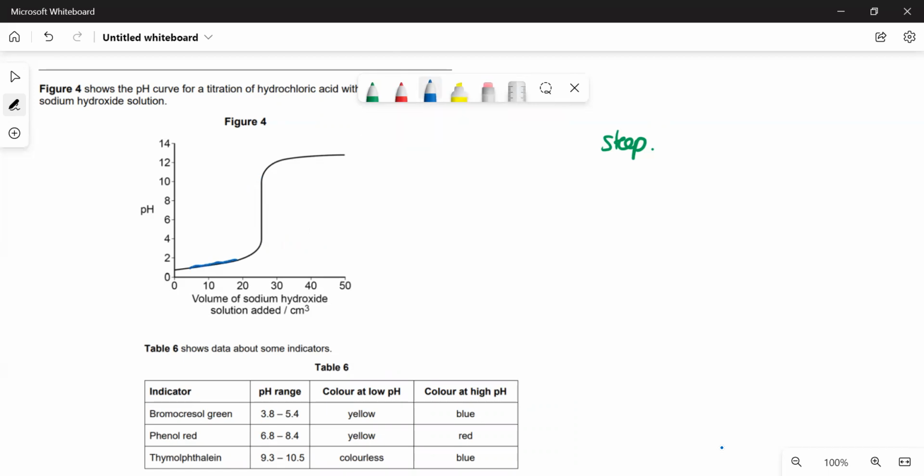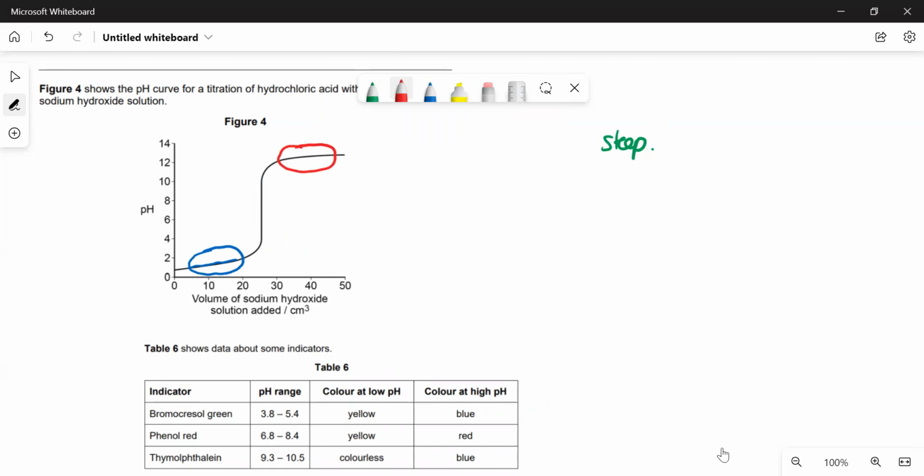Now, if it's before the end point, it's going to be a fairly low pH down there. So that's if the HCl is in excess. If we've added more than enough OH minus, the OH minus is in excess, then the pH is going to be very alkaline up here.